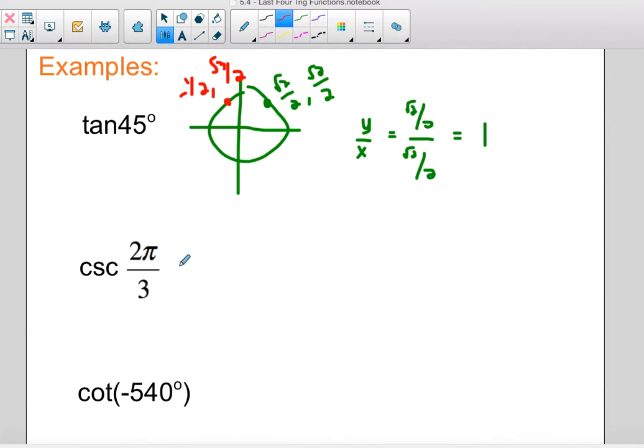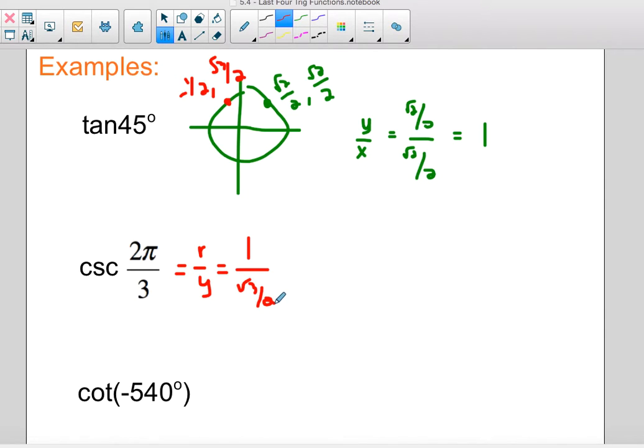So cosecant is the same exact thing. It's the reciprocal of sine. So sine is y over r, so cosecant is going to be r over y, which in this case, we can utilize a unit circle because then we have a standard to go by for r and y. So it's going to be r, which is 1, over y, which is root 3 over 2.